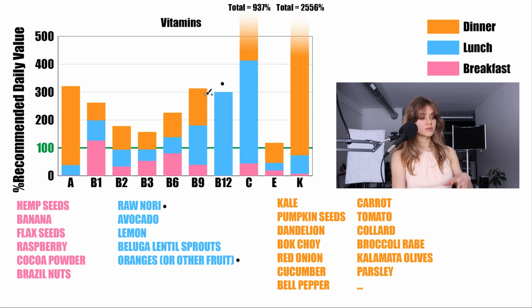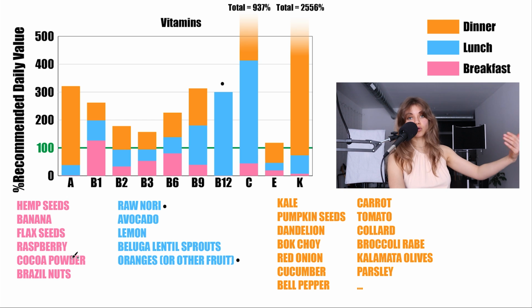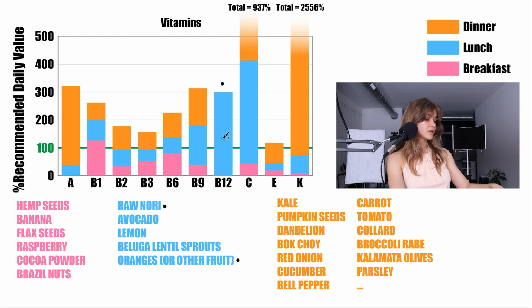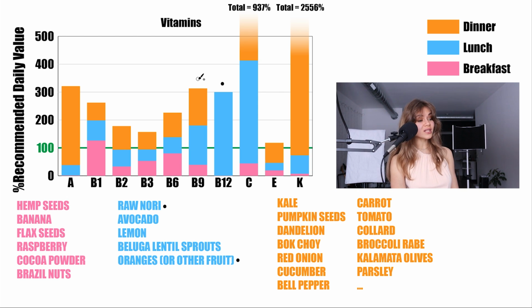So those values are possible only because I'm consuming all the things that I'm showing here in their whole form. And of course, if we talk about B vitamins, bananas provide some. Hemp seeds are also very good. And then with folate, actually, look at the folic acid content in this graph.